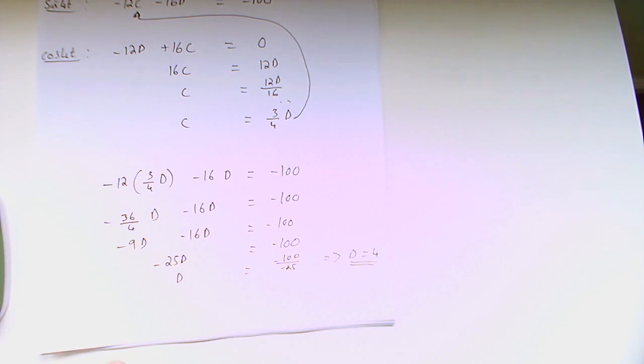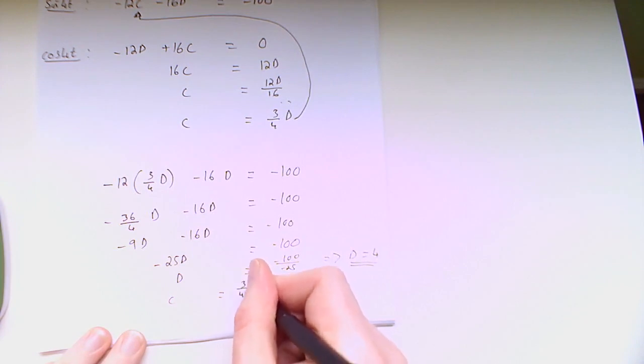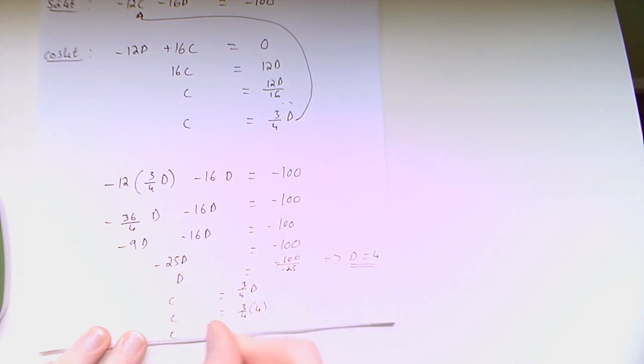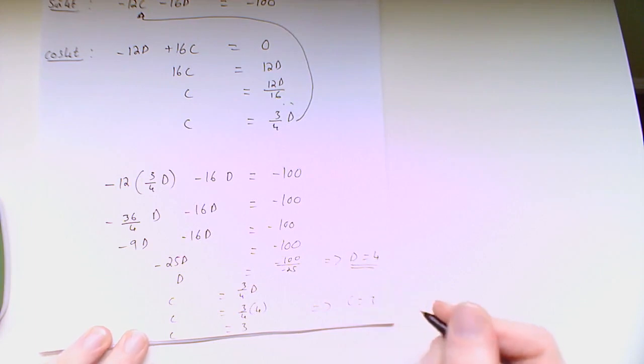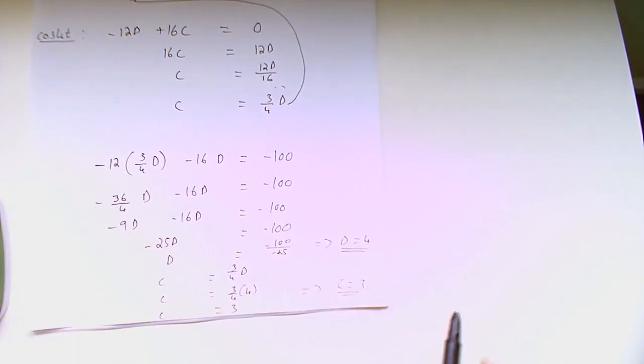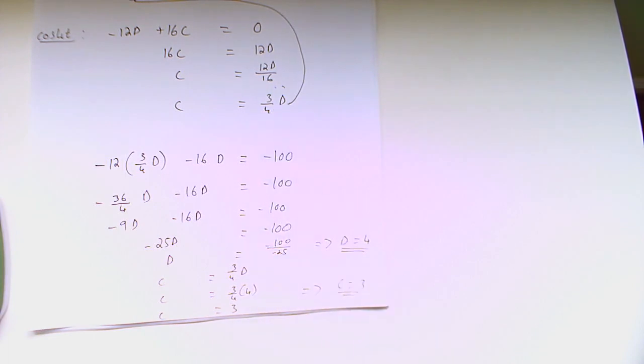But we also know that c is 3/4 d. c is 3/4 times 4, so c is equal to 3. So we've just used our second simultaneous equation. We've worked out that d is equal to 4 and that c is equal to 3.